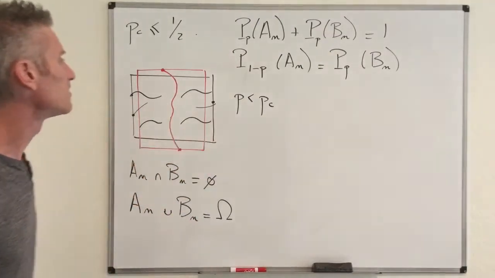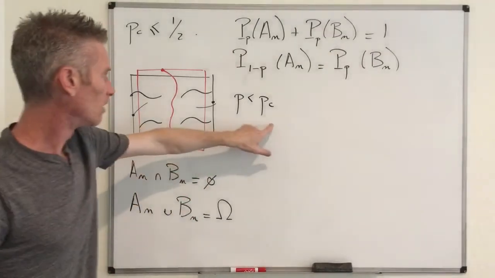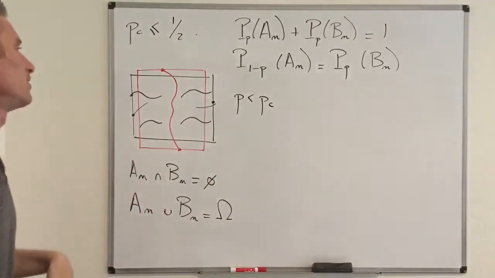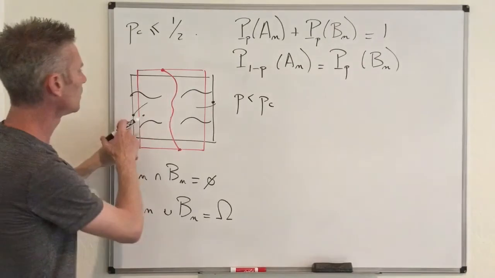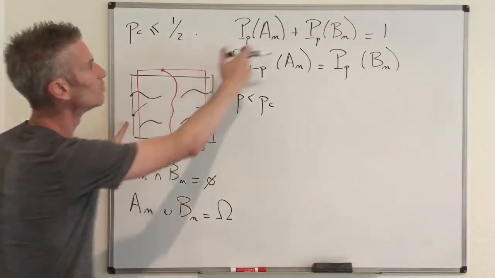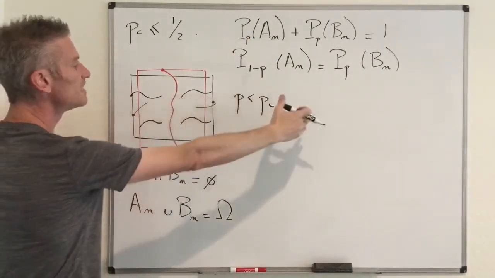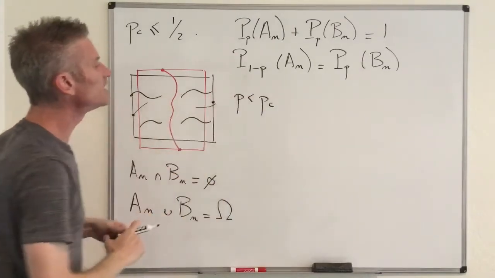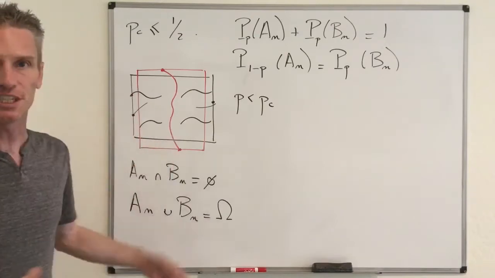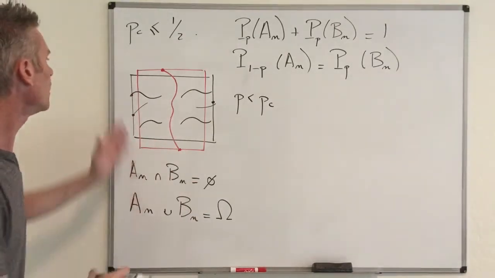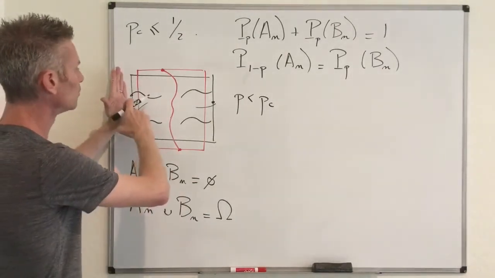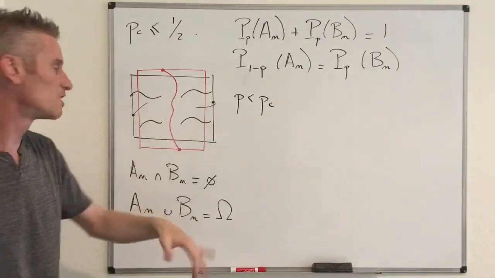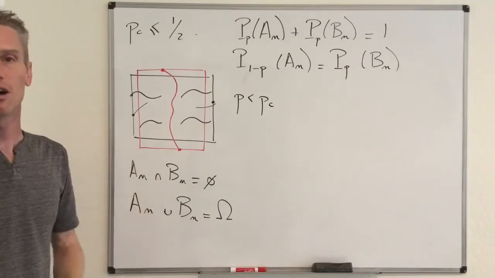So p less than pc means that we are in the subcritical case, and so if we are in the subcritical case, that means that the probability of An, when n is large, should go to 0. Okay, p less than pc means that there is no infinite path, or the path should be small, and so that means that the probability of connecting left and right boundaries should go to 0 as n goes to infinity.